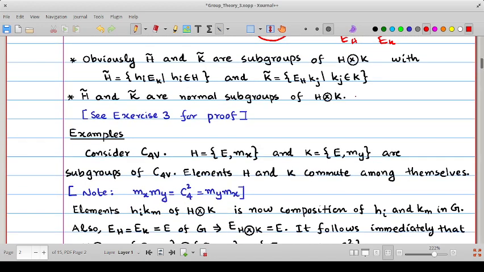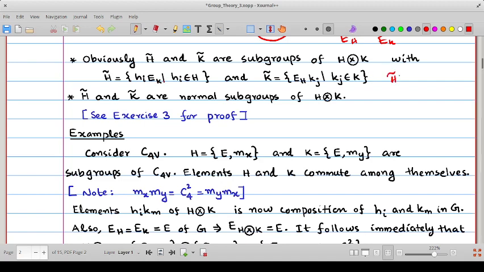Now, similar to what we did earlier, we can define subgroups H tilde and K tilde, and these are subgroups of H outer product K, and H tilde can be defined as HI EK, where HI are elements of H and EK is the identity in K. Now, if H and K are both subgroups of some group G, then EK is the identity of that group G, and HIEK is simply the element HI.